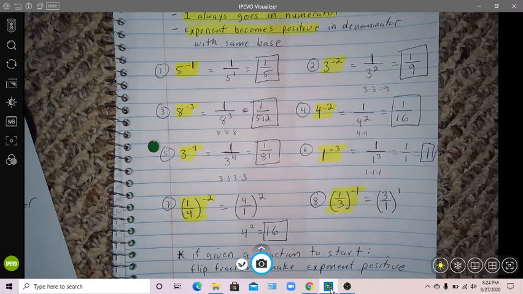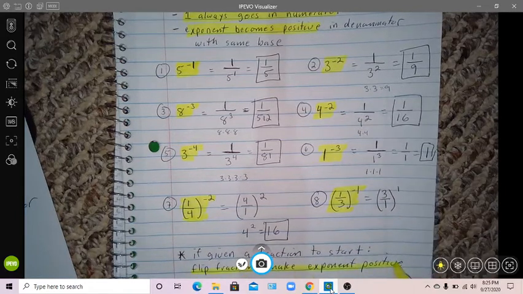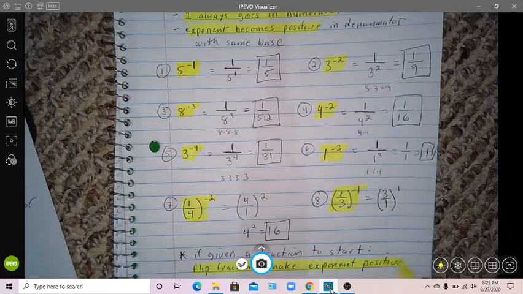Okay, so if given a fraction to start, flip the fraction, make the exponent positive.